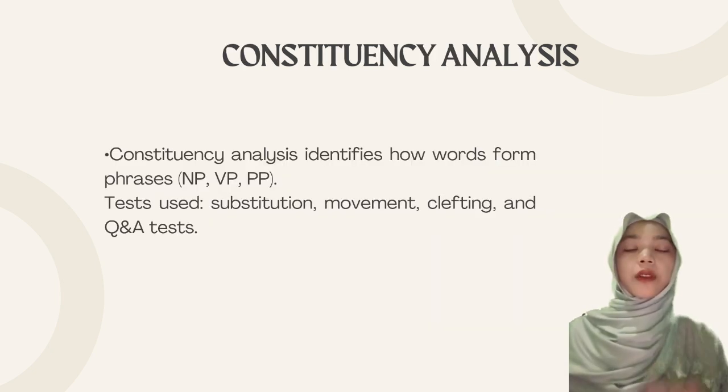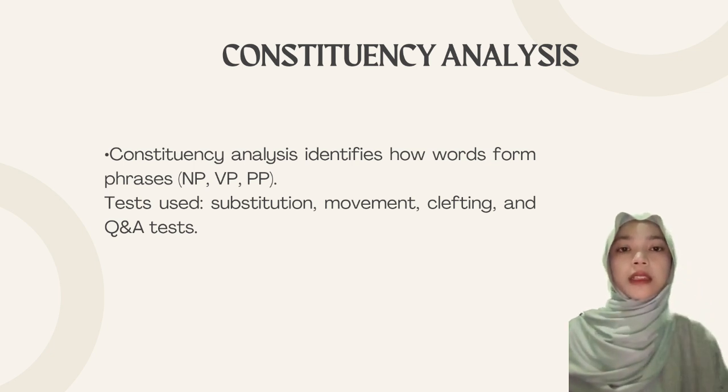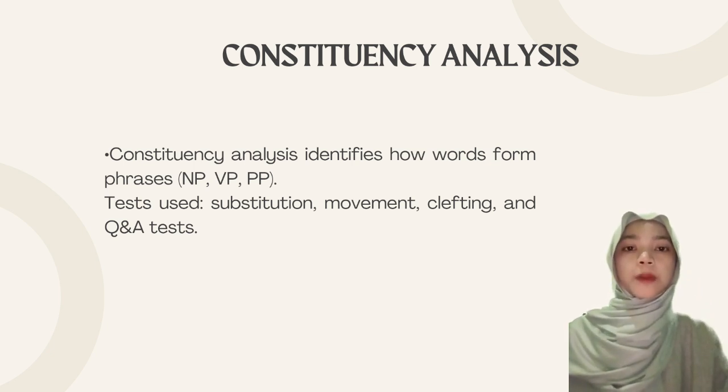Okay, the next is constituency analysis, which identifies how words group together into phrases or constituents such as NP, VP, or PP. To identify these constituents, we use several tests: substitution, movement, clefting, and questions.